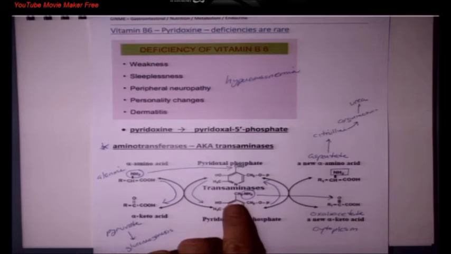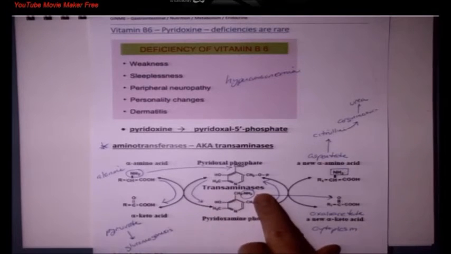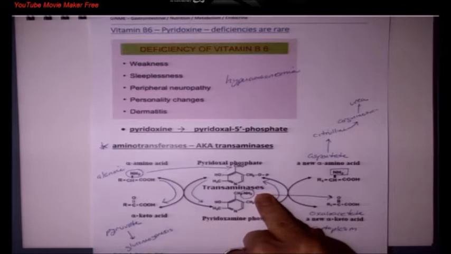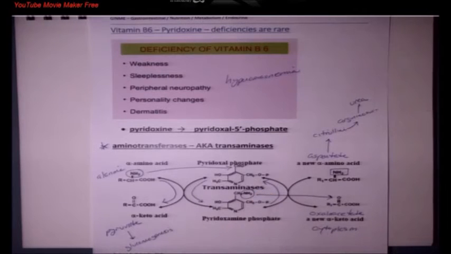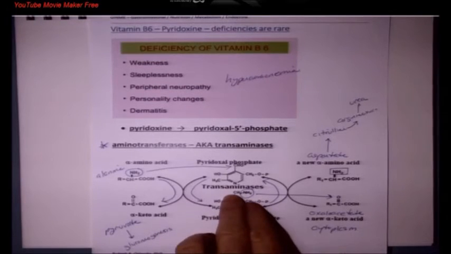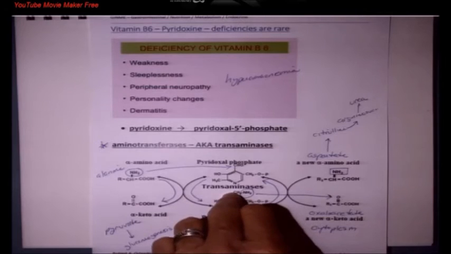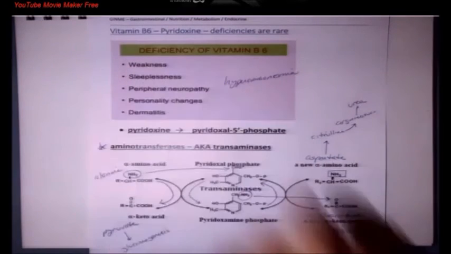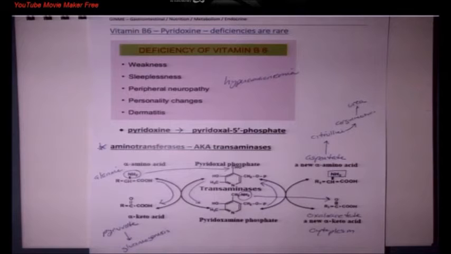If B6 deficiency means we shut down the activity of our transaminase, so what can we not do? Break down amino acids, yeah. So now what we've done is compromise a very powerful energy source for ourselves. That'll lead to weakness. Will it lead to hypo or hyperglycemia?